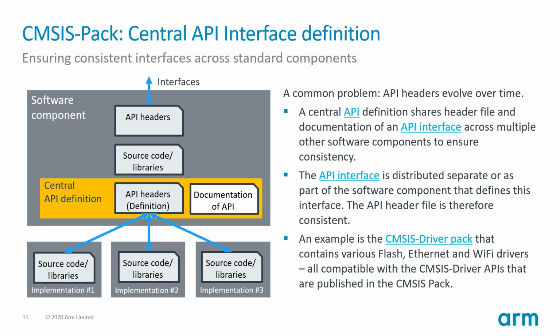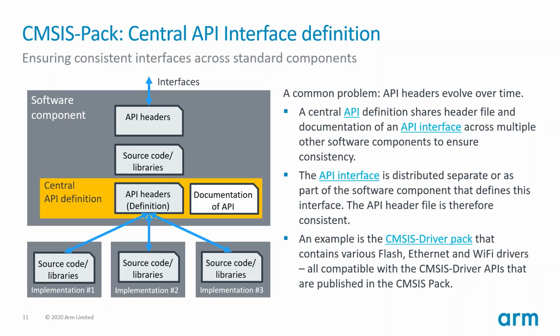And the central API definition helps you with that, and the CMSIS-Pack system checks for consistency, so that when you have actually software components that come from different packs but refer to an API, it can check that the API definition is actually suitable.